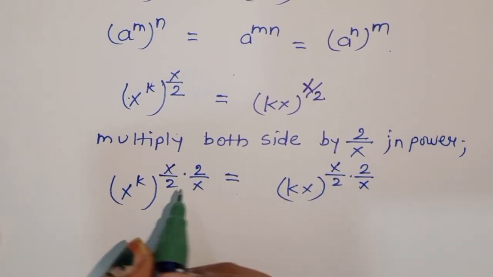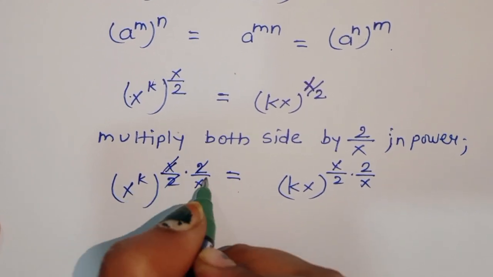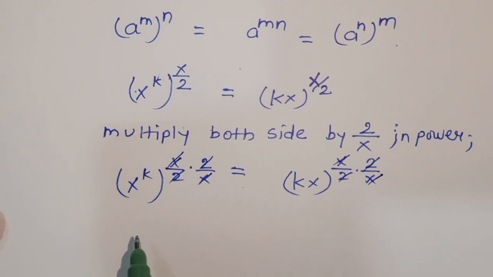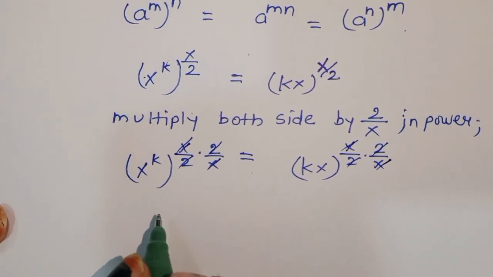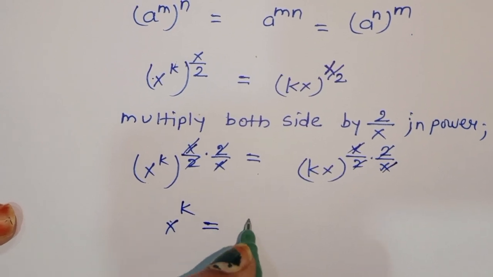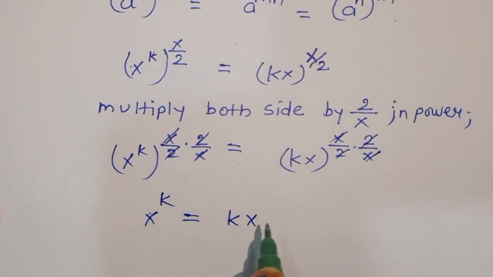Now you can see we can cancel these terms. So we have left x power k is equal to kx.